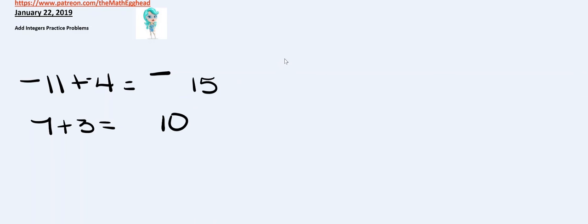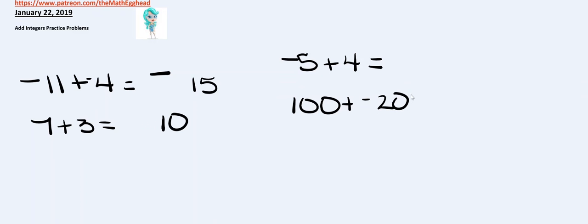But when you're adding an integer that has a different sign, what you do is you find the difference, meaning you subtract the two. Negative 5 plus 4 really is 5 minus 4, and it's 1, and we're going to keep the negative sign because the higher number here is 5, so it's negative 1.